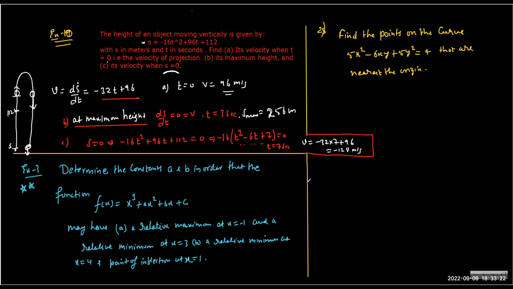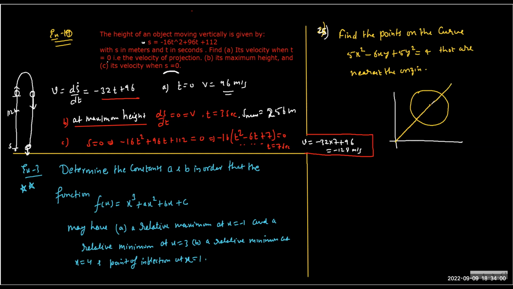Okay. So this is the next very interesting and challenging problem. So maybe I will solve question number 3 on the next page. The question number 2, which is actually question 25: find the points on the curve that are nearest to the origin. Imagine this is representing some curve, and right now I will not tell you which curve this is, but you can understand maybe this is a circle. And the nearest point from the origin is what?